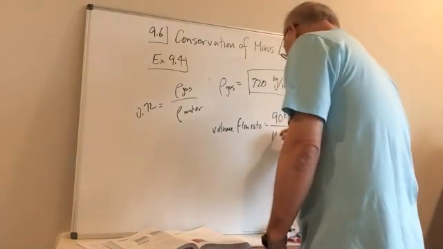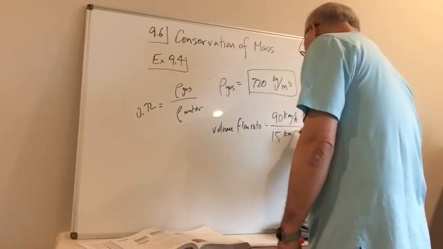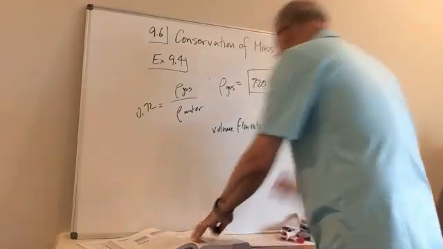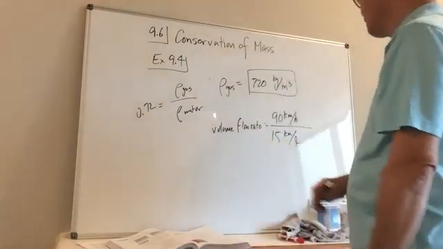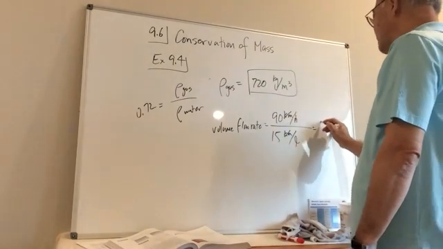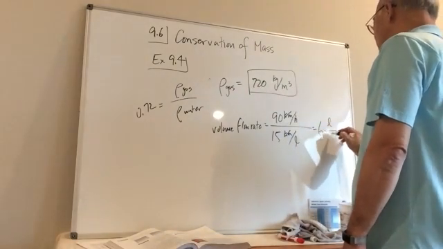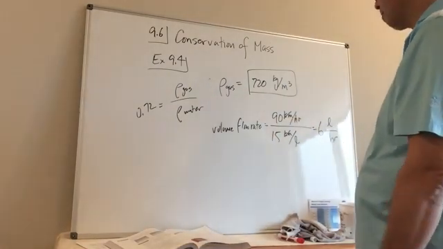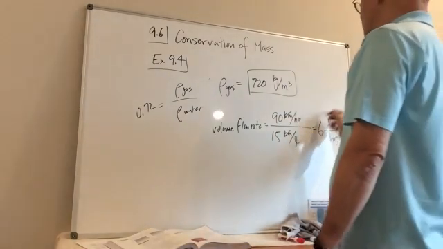And it's going to be 15 kilometers per, what was it? Per liter. So basically the kilometers cancel out, and I'm going to get 6 liters per hour. This is per hour. Okay. So 6 liters per hour, right?